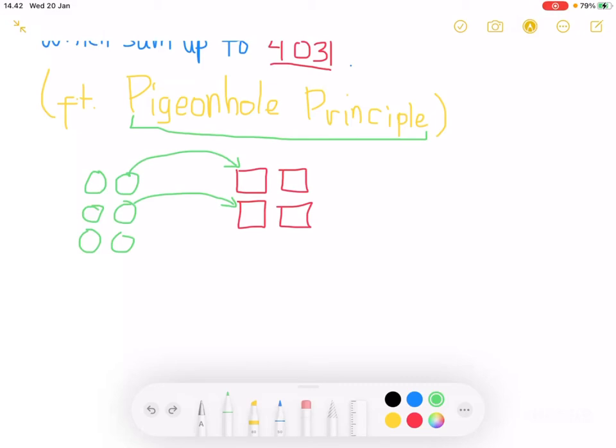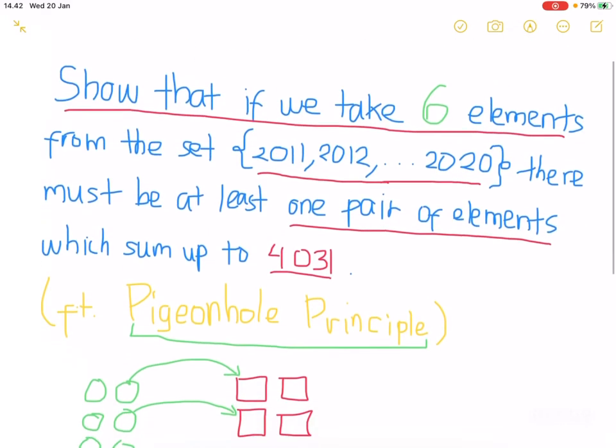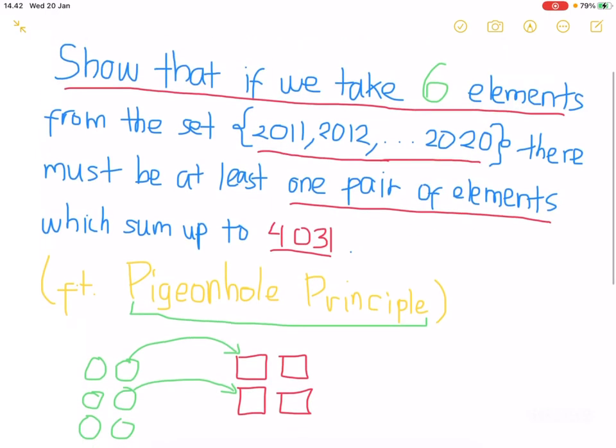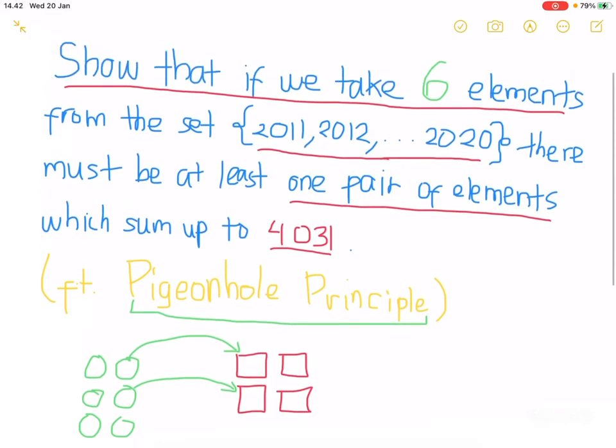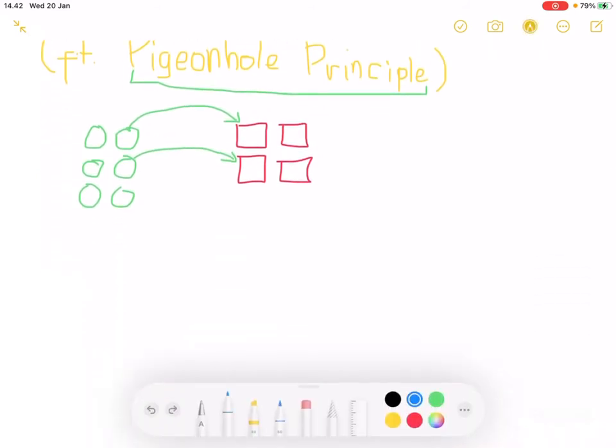And first, when solving a pigeonhole principle type question, you must find out what the pigeons and the pigeonholes actually represent. So in this case, our pigeons are the number of elements that we want to take from this set.